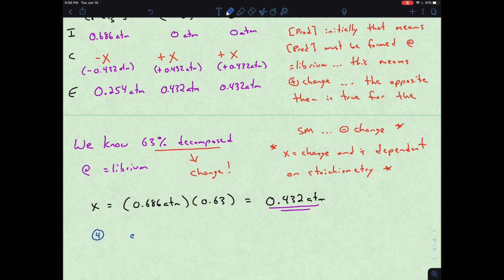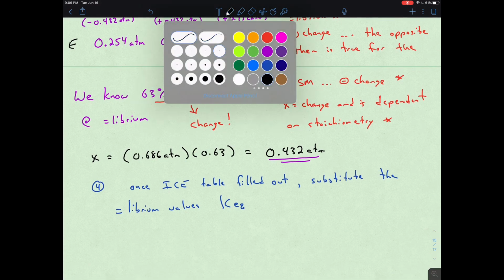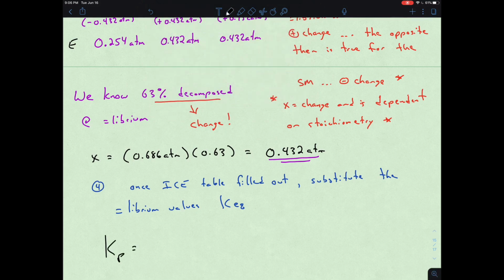And so once the ICE table is filled out, we can now substitute the equilibrium values into Keq. So we have pressures above, so we're going to start with K sub P. Let's write the equilibrium equation again.